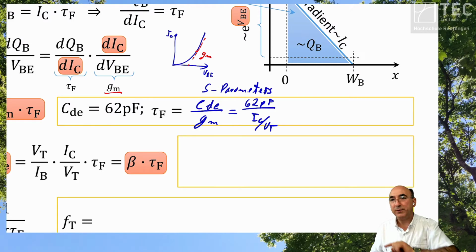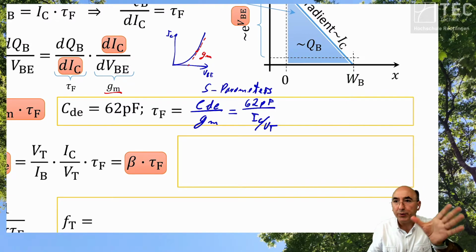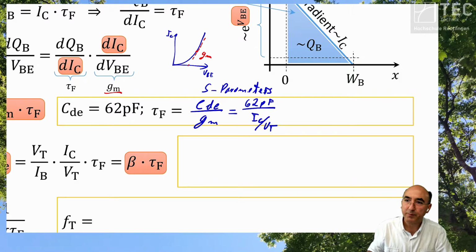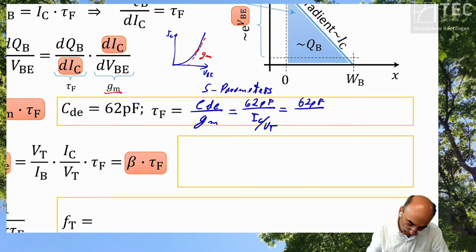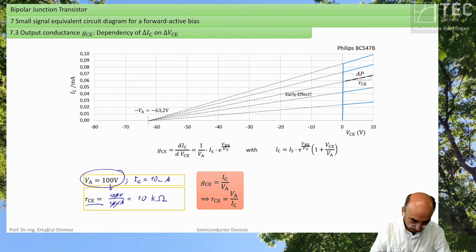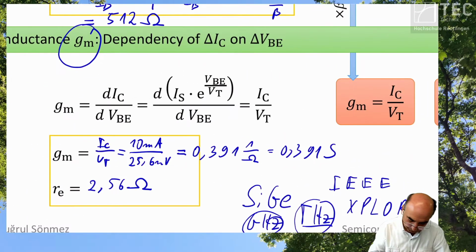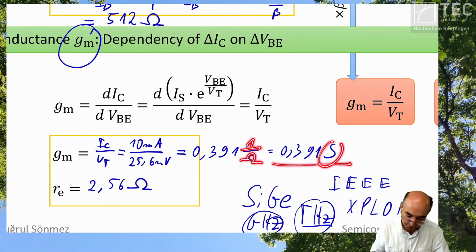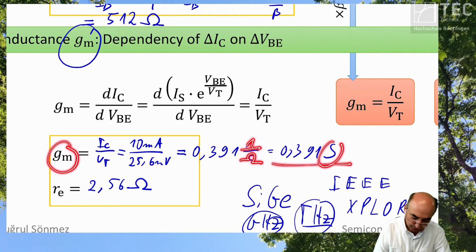And this value you have already calculated with the nominal operating current, bias point, 10 milliamps. So 0.3 something you have given me. Can you go back in your... one moment. We have it in a not very far history. 391 Siemens, or 1 over ohm, is the transconductance.